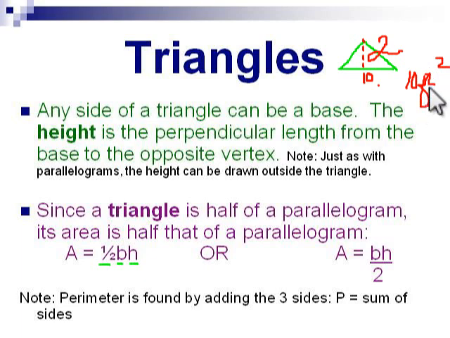Sorry, my FT does not look very much like an FT. And once again, if you're looking at the perimeter, you're talking about adding the 3 sides. So you would need to know the length of this side, you would need to know the length of this side, and you already do know the length of this side, it's 10. So you would have to add all 3 of those numbers together to get the perimeter, and then it would just be feet. All right, we're going to practice some of these in class. Good luck.